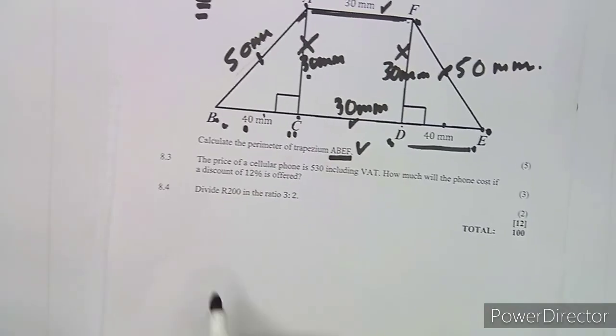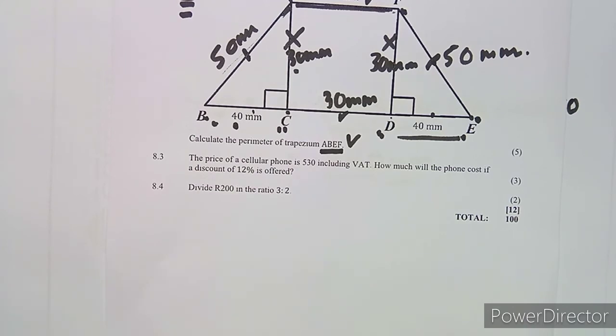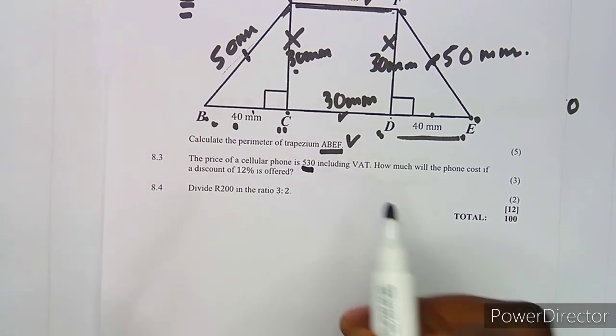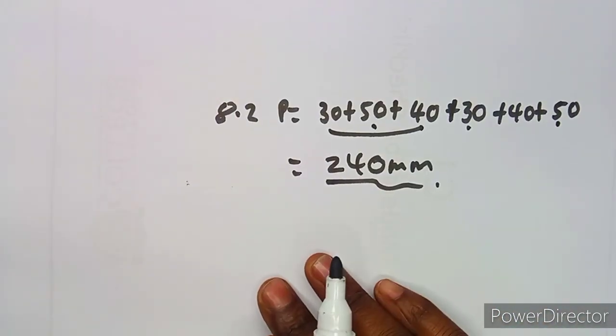8.3: The price of a cellular phone is 530 rand, including VAT. How much will the phone cost if a discount of 12% is offered? So 12% is offered as a discount, so it's just 12% of this value.